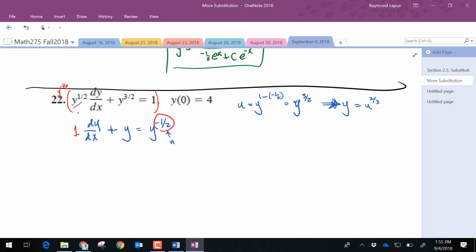And that would allow me to replace my y's in here. Speaking of y's, there's still one more thing I have to do: du dx is equal to 3/2 y to the 1/2 dy dx.